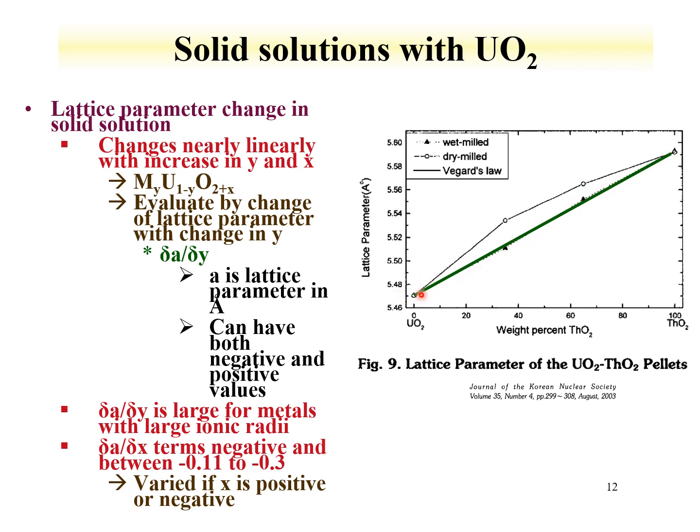This is called Vegard's law between uranium dioxide and thorium dioxide. This is weight percent thorium dioxide. So here's 100 weight percent uranium, 100 weight percent thorium. This is the lattice parameter in angstroms for thorium dioxide, and this is the lattice parameter for uranium dioxide. A mixture is just a linear combination of the two.